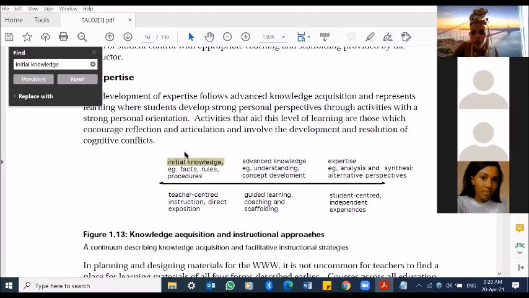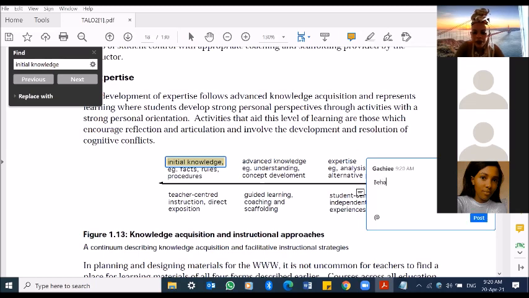Yes, let me put it right here. Here is behaviorism. Behaviorism theory, the one we have just looked at now. So initial knowledge, we are looking more of behaviorism theory.